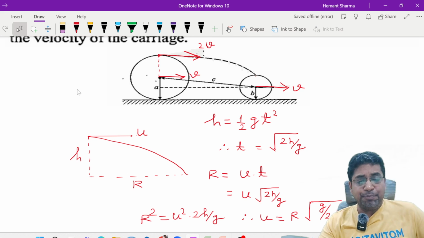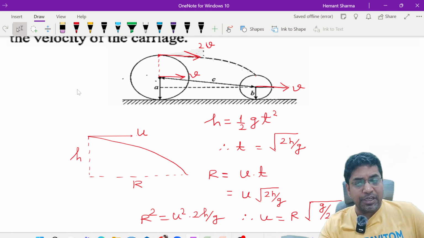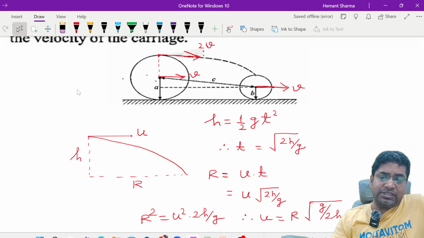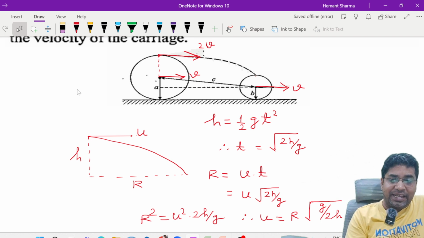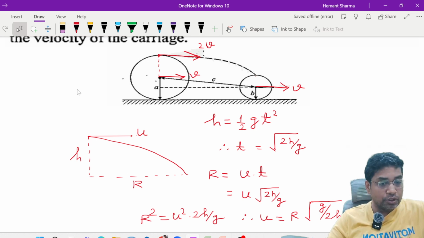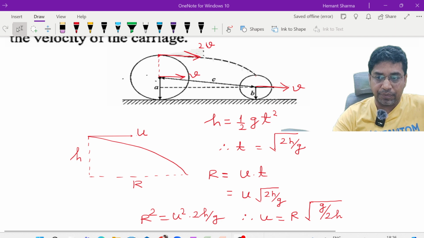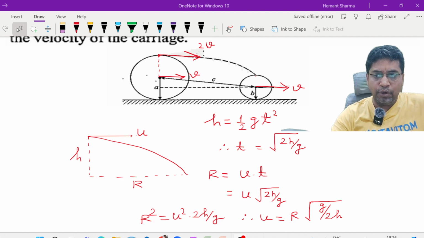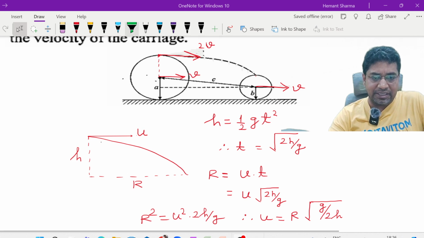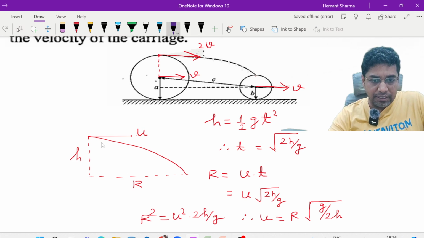Now in this particular question, up till now R is not known to us as well as h is not known to us. So if we look at the geometry, then we will get, let's see, this particular distance, which I am calling h.